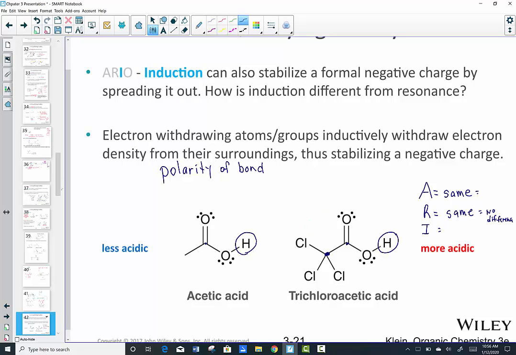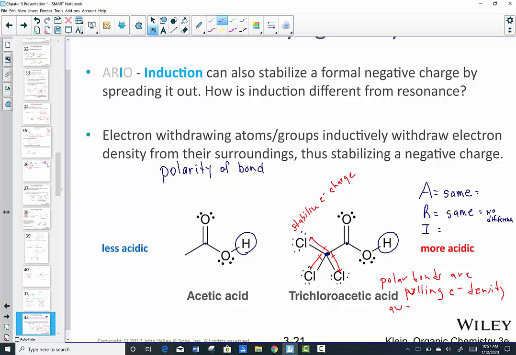The inductive effect, these highly polar bonds are pulling electron density away from the oxygen that's trying to stabilize it. Let me say these polar bonds are pulling electron density towards the chlorine, the more electronegative element. And that's a place where you want it to go because chlorine has a great ability to stabilize negative charge.